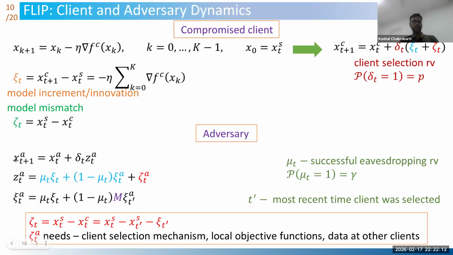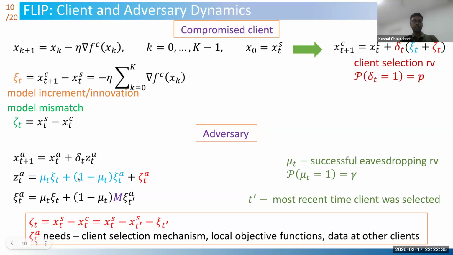Accordingly, we build the adversary's estimate at t plus 1 based on x^A_t plus delta t times some z^A_t. If I want to mimic the client, my z^A_t has to mimic this psi t plus zeta t quantity, which I do in the next two lines, the second and the third line.